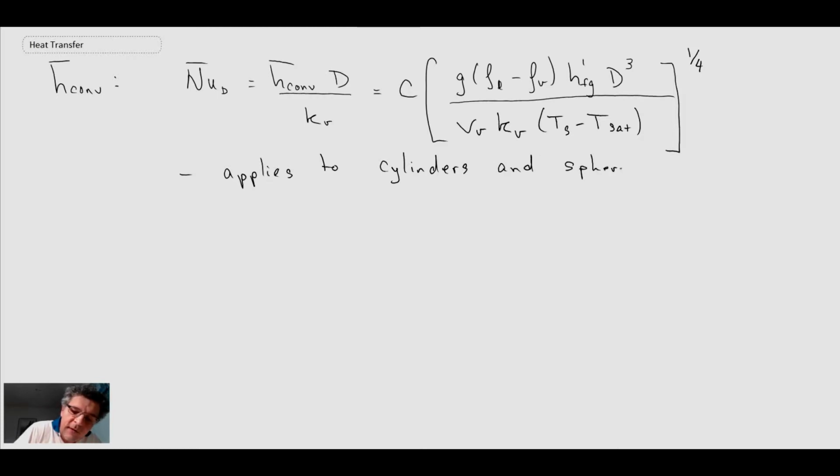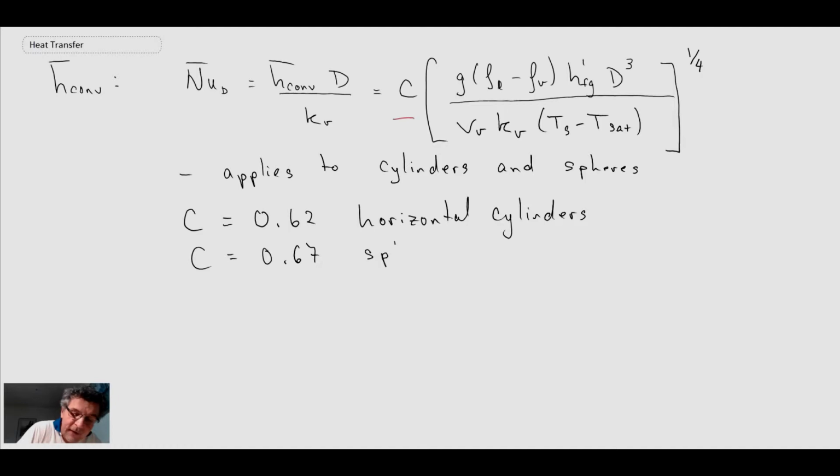It applies to cylinders and spheres, and notice we have this constant C here, and C depends upon the geometry. It is 0.62 if we're dealing with a horizontal cylinder, and it is 0.67 if we're dealing with a sphere.